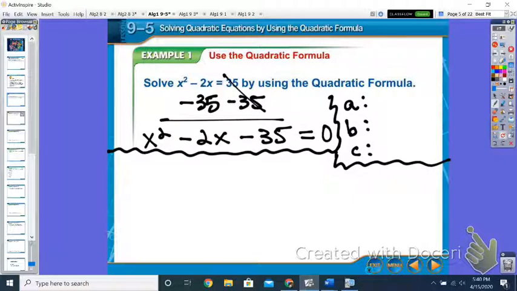So A is the coefficient out front of our x squared term. Usually we'd see it right there, but since we don't see a number, that must be a 1. B is the next number, the coefficient of our x term, so that's -2. And C is the third number, our constant term, so -35.